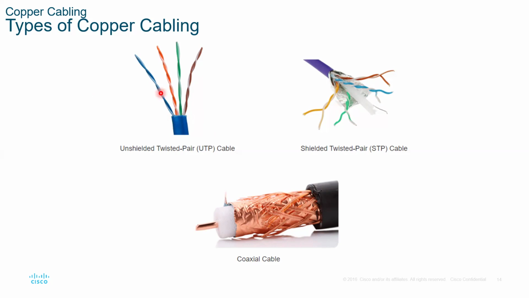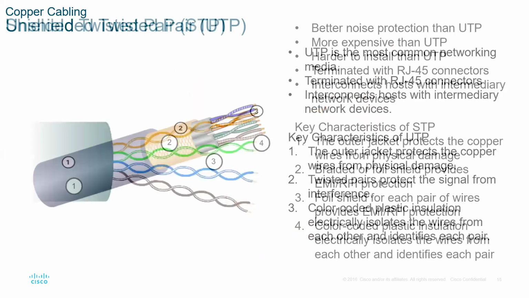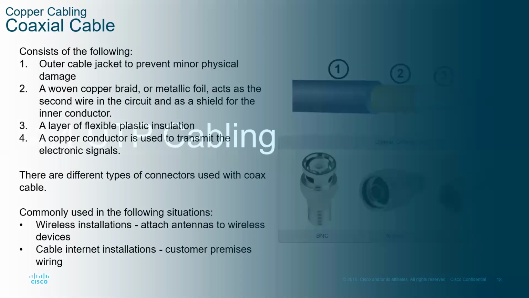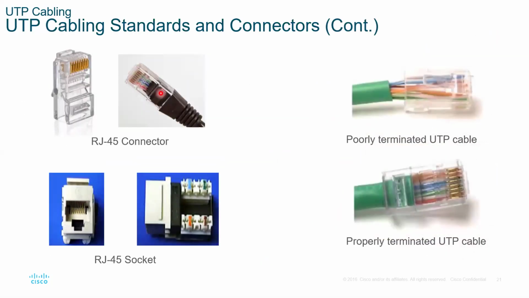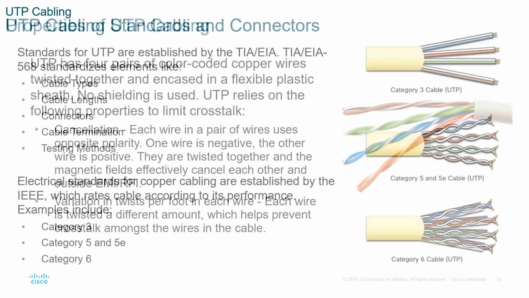Then it has a connector, which is RJ45. This is the cable you use to connect to the internet using an Ethernet LAN port. So basically, it's a twisted pair cable.